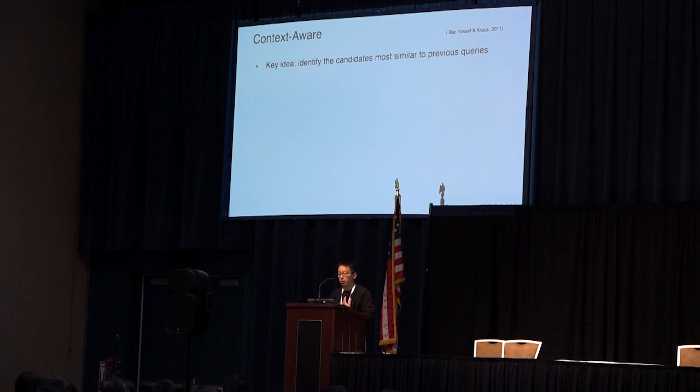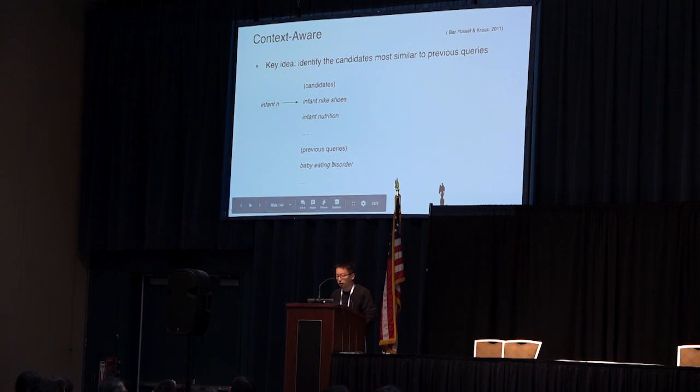The context here means the previous query or the queries in the same session. The idea is to re-rank the candidates by identifying the candidate most similar to the previous queries. This is an example with the prefix infant, and currently we have two candidates: infant Nike shoes and infant nutrition. And one of the previous queries is baby eating disorder.